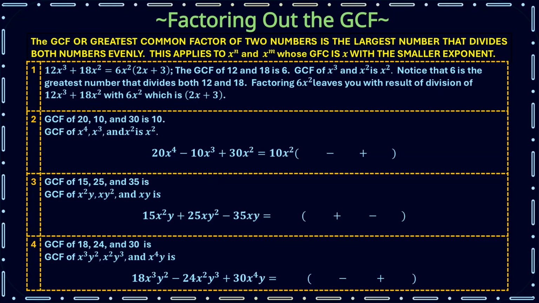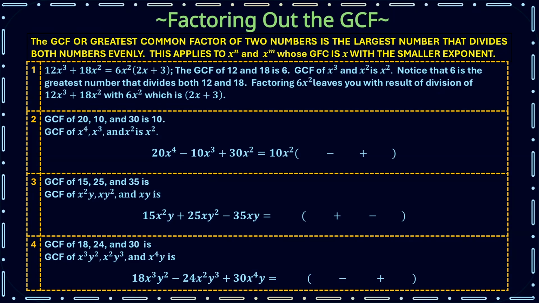In this lesson, we're going to learn about factorizing the GCF from a polynomial. The GCF, or the greatest common factor of two whole numbers, is the largest number that divides both whole numbers evenly.